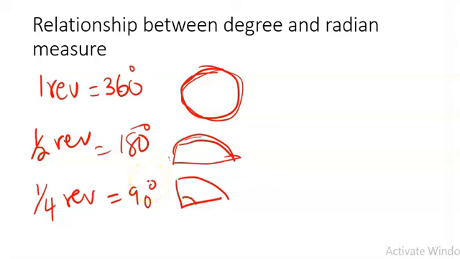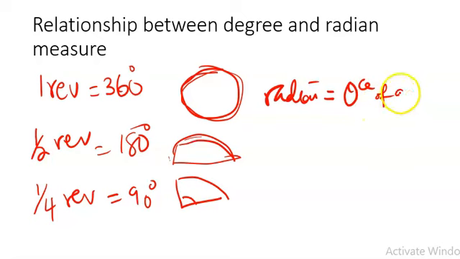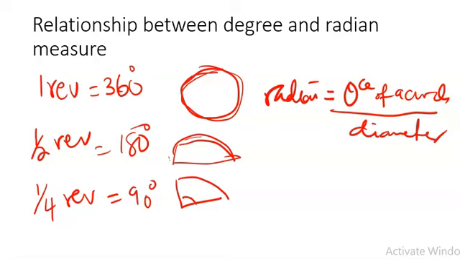Now what is a radian, or pi? Radian is given by the circumference of a circle over its diameter. Now radian is the same as pi. What is the formula for finding the circumference of a circle? Those who studied mensuration very well in JHS will realize that it is 2 pi r, that is, 2 pi times radius.